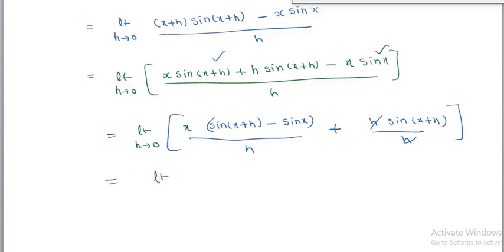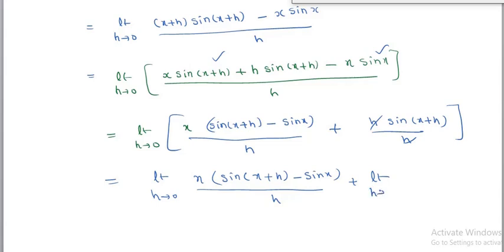So apply limit h tends to 0, x times sin of x plus h minus sin x, by h, plus limit h tends to 0, sin of x plus h.